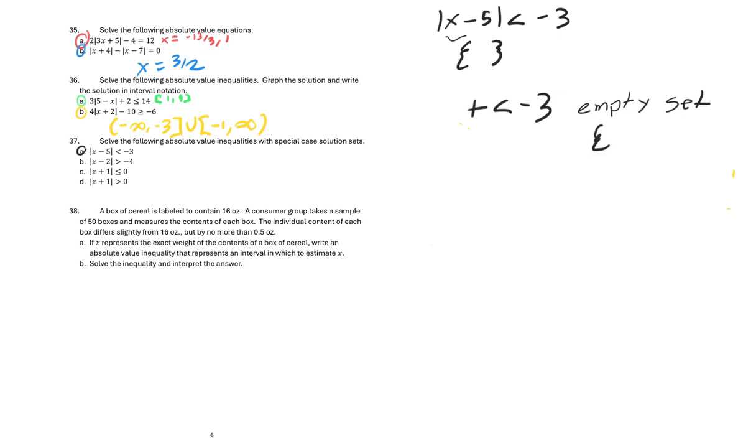Doesn't matter what we plug in here, it's always going to be a positive value, which is always going to be greater than negative 3. So for that, we're going to have an empty set. Or another way we can say that is there's no solution.